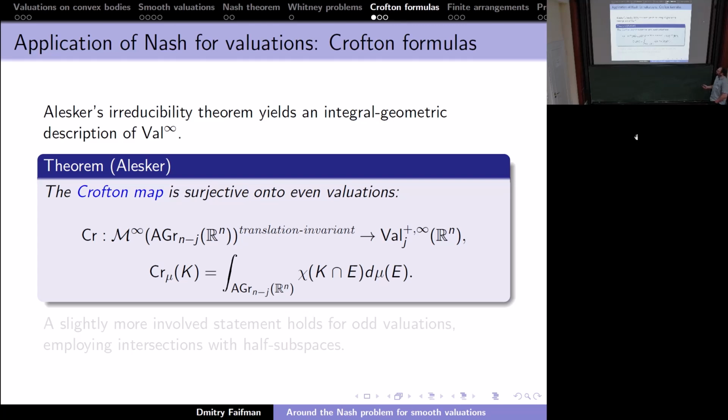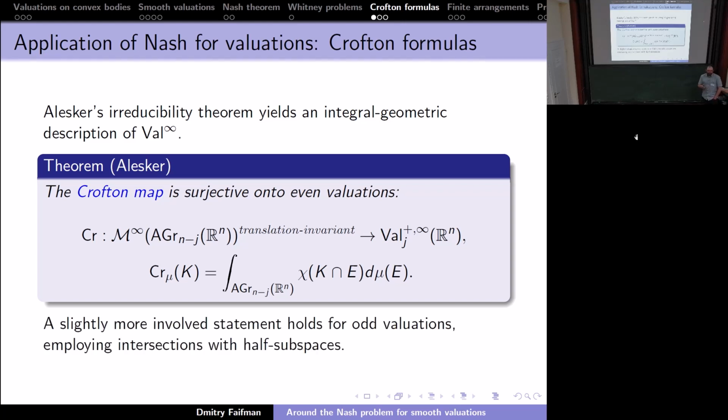The formula is: take your set, intersect it with the subspace, write 1 if they intersect and 0 if they don't intersect, you get a function on the Grassmannian, and integrate it with respect to the measure with which you started. That's a valuation. Alesker's irreducibility theorem implies that this map is onto, that any smooth valuation has such a description.